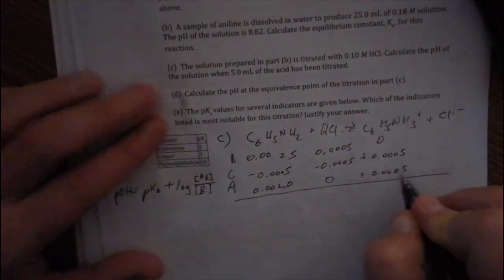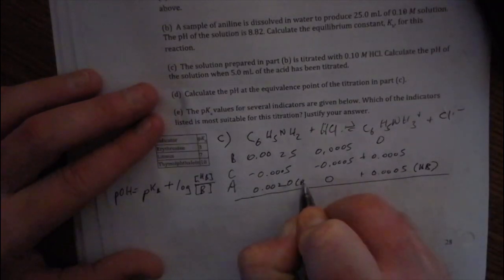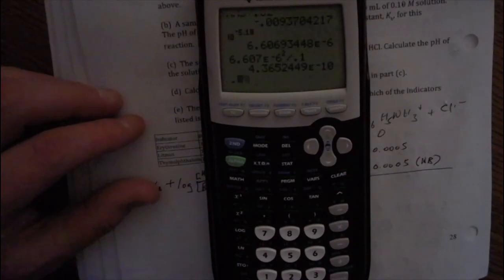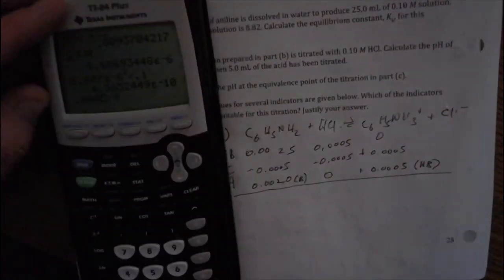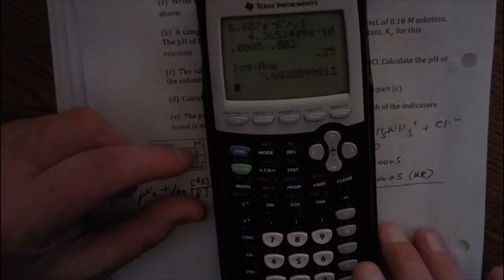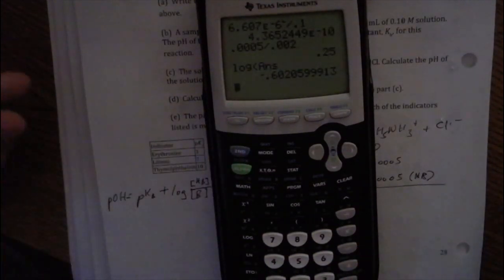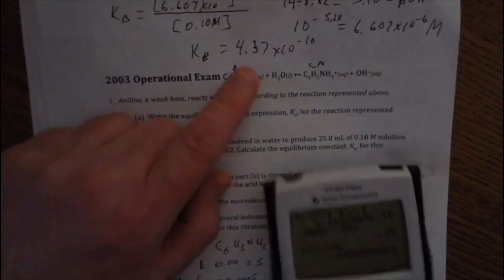So, this is my HB. This is my B. So I'm just going to take 0.0005 divided by 0.002. We get that fraction. If we take the log of that fraction, yeah, we get a negative. So now I'm going to take the Kb I solved for up here.